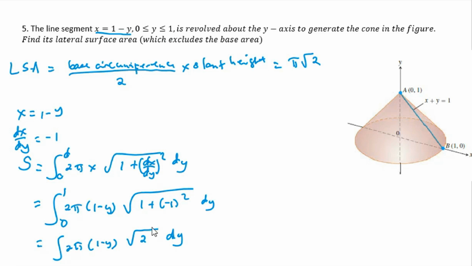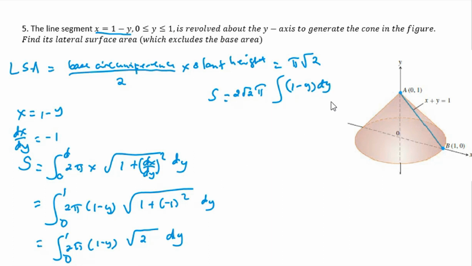Then, rewriting the given, I will write the constant outside the integral sign. So we have now S is equal to 2 square root of 2 pi times the integral of 1 minus y dy.